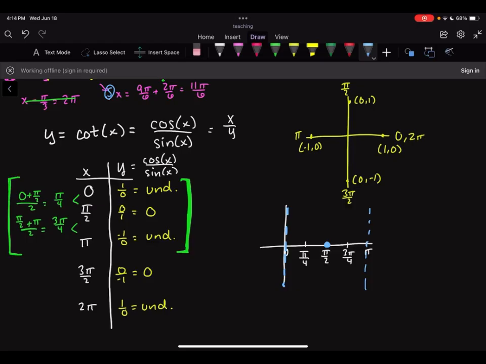And now if you plug in the values at pi over 4 and 3 pi over 4, you're actually going to see a little bit of a swap happen. So this is going to be positive 1, and this one's going to be negative 1. So here's what changes. Now our graph looks like this. For tangent, remember it was like this. For cotangent, it flips. And then you also see your asymptotes lie in a different place.